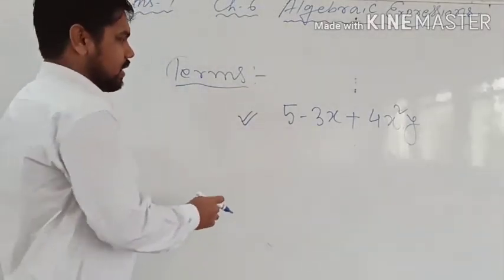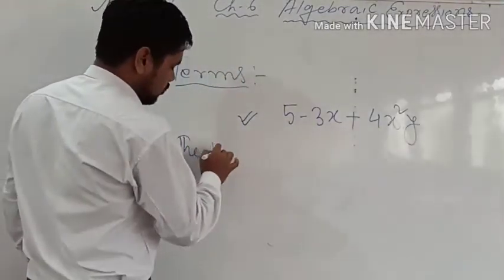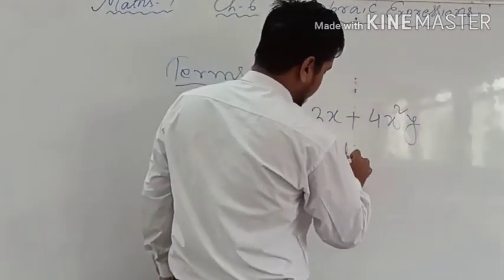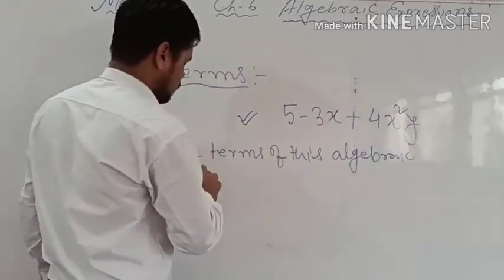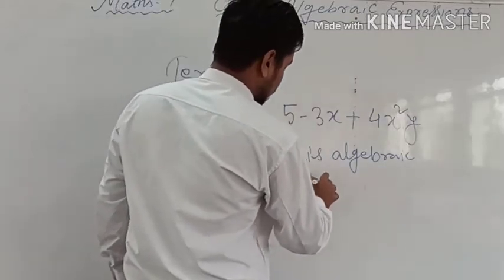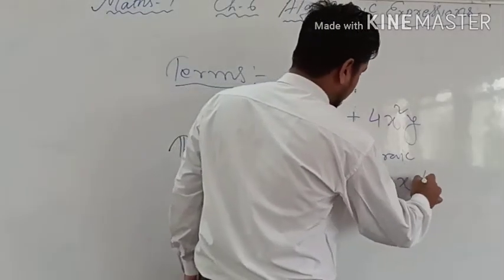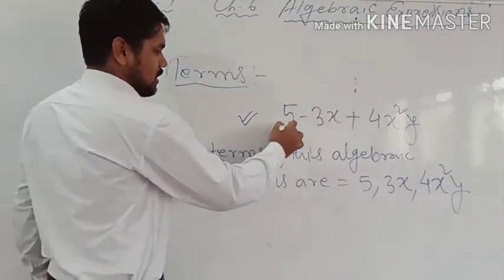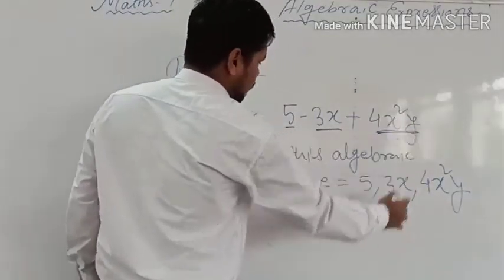The terms of this algebraic expression are 5, 3x, 4x square y. You can see this one is a term, this one is a term, and this one is also a term.